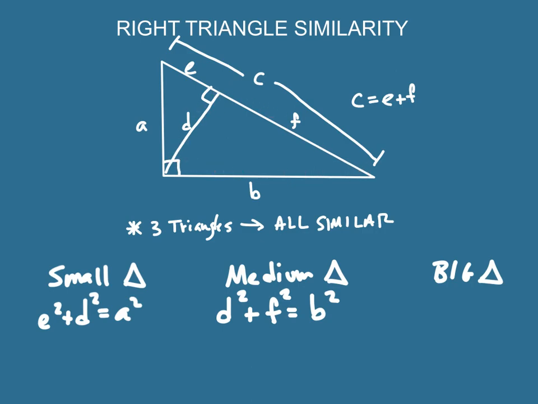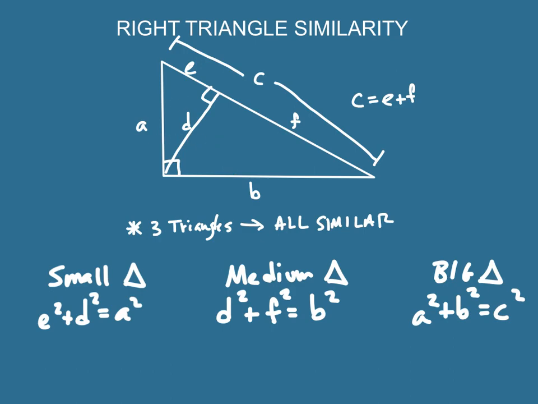Now in your big triangle, we've got A squared plus B squared is equal to C squared. So just understanding that you have legs and hypotenuses of these different triangles, and that A and B actually become hypotenuses of these smaller triangles, all right?